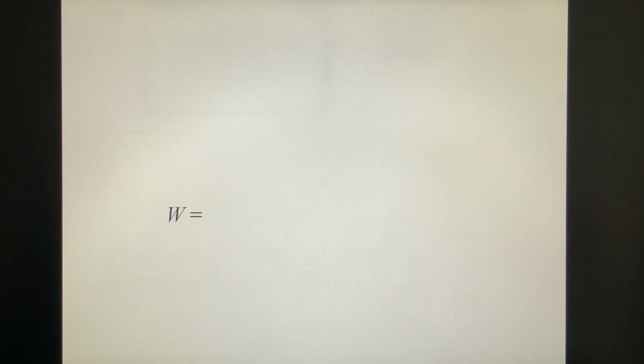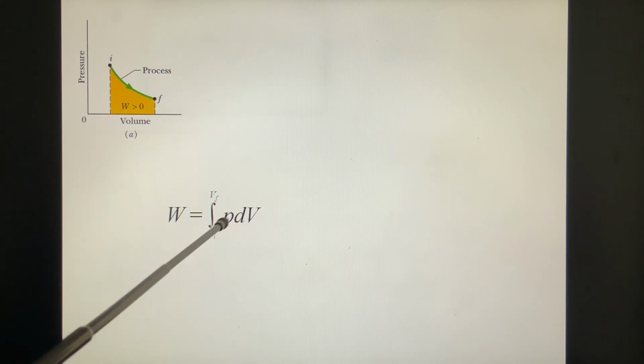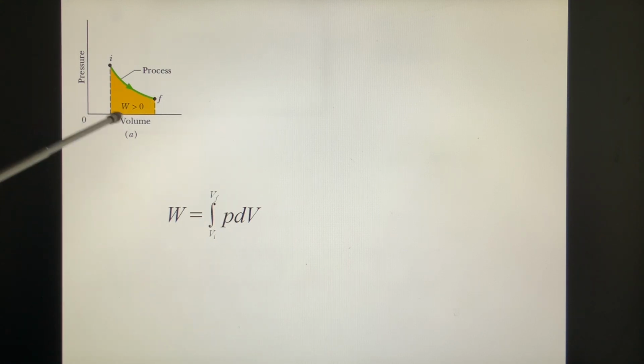Now look at this. From mathematics, this is P versus V, and so the integration of P dV is the area below the curve, above the x-axis, between these two lines.